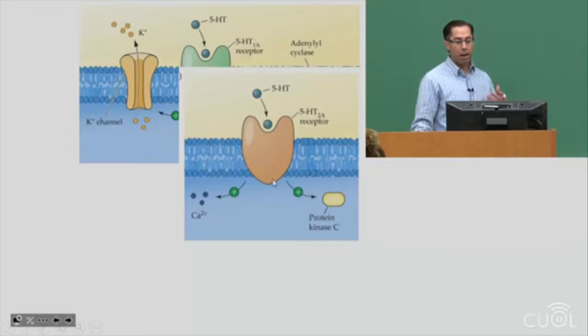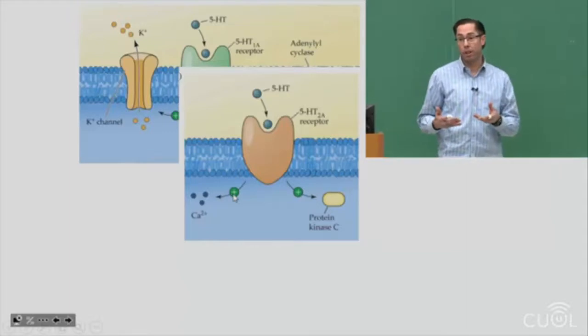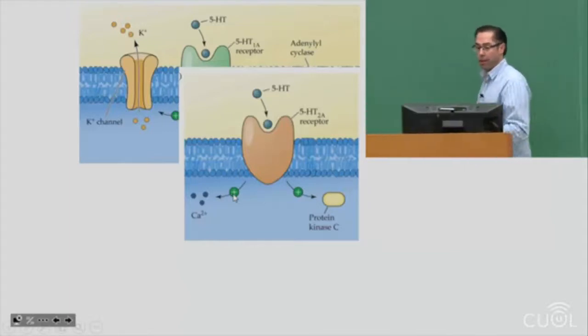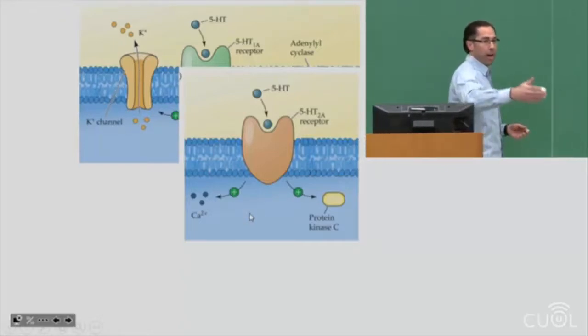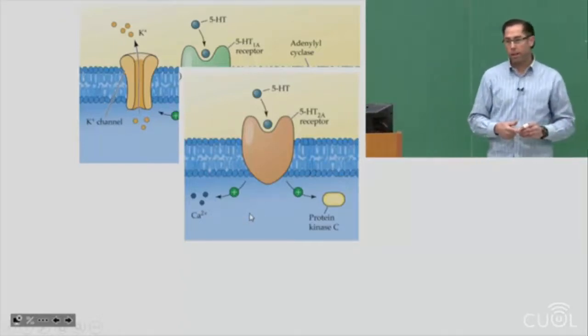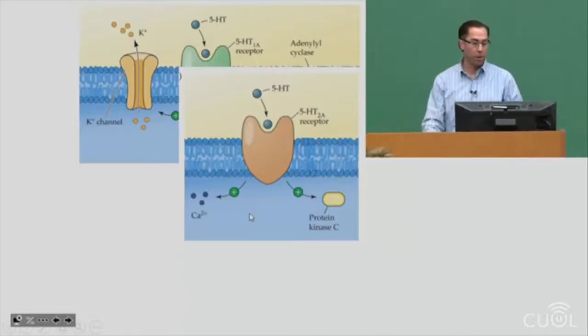This liberation of internal calcium can lead to excitatory postsynaptic potentials, and that can increase action potentials. Okay, so increase the output of those neurons where those 2A receptors are located.